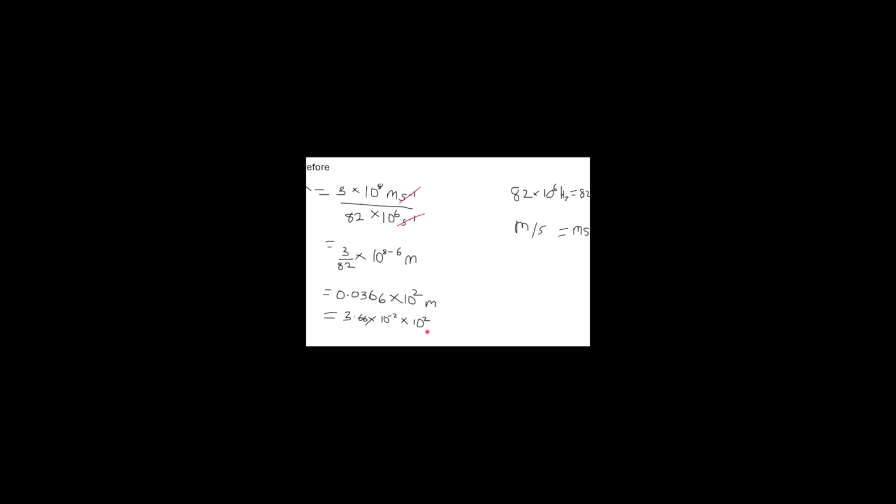So therefore the wavelength is 3.66 times 10 raised to power minus 2 times 10 raised to power 2. How do we come about minus 2?